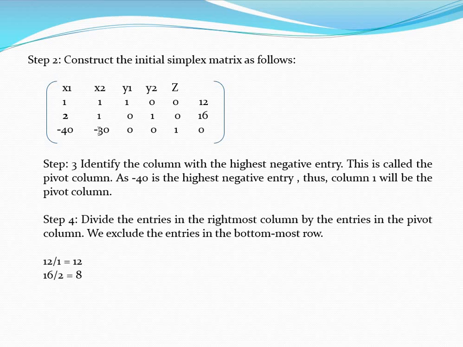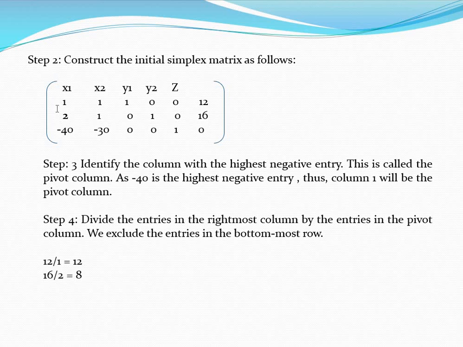Here the highest negative entry is minus 40, so column 1 is taken as the pivot column. How? The highest negative number where we are having, that column is identified as the pivot column.